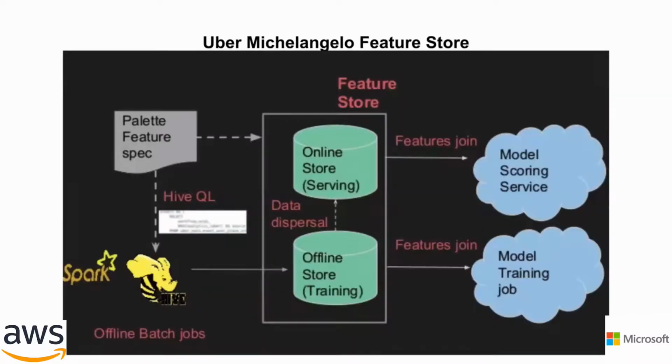And this is a bit more on the feature store. This feature store contains the information from the online store, the store that's serving, and the store that is training. It's a place where you can join features, use features, and also specify features.